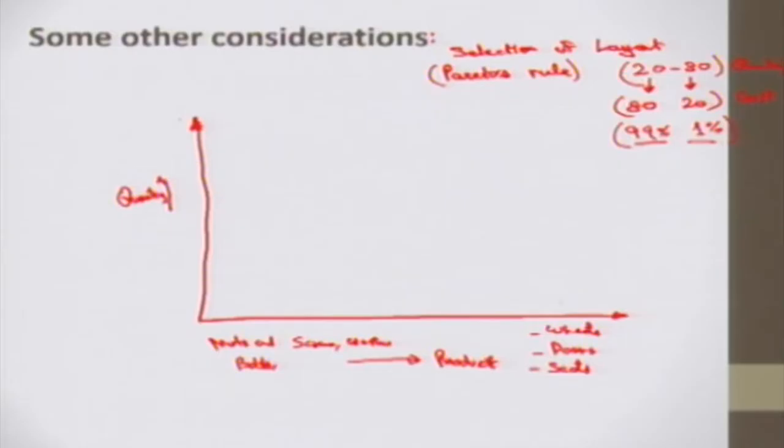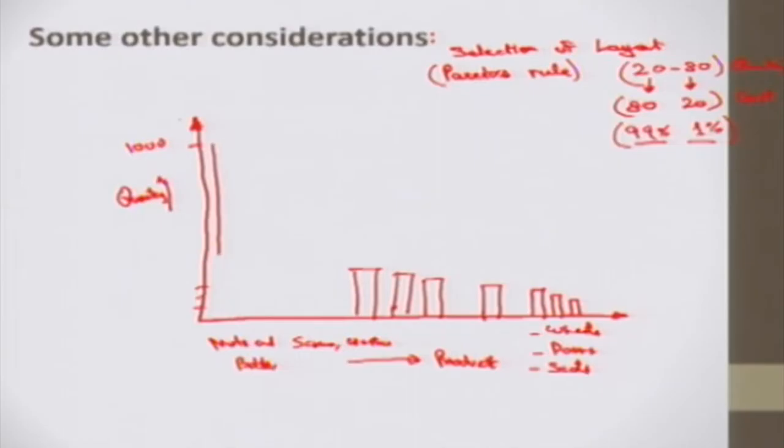So how many wheels do we have? 5. How many doors do we have? Maybe 4. How many seats do we have? 1 single back seat and 2 front seats in a simple B class car, so 3 seats. And how many nuts and bolts do we have? Maybe a few hundred. If I put 1000 here, this chart would come like this one.